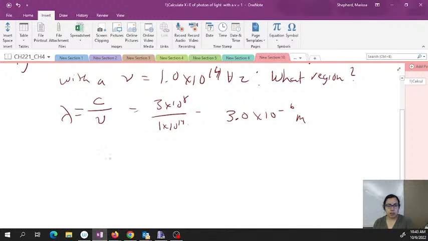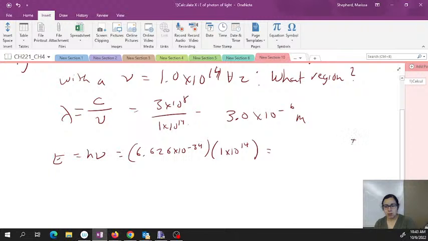And so energy, how do we get energy? Planck's constant times frequency. So 6.626 times 10 to the negative 34 times my frequency again. That gives us something in joules.